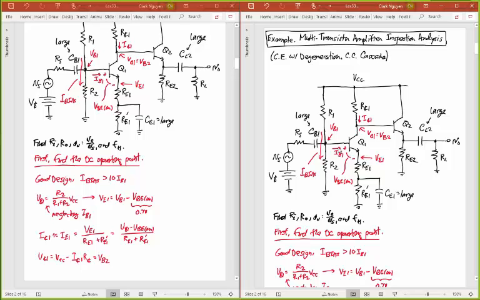Okay, so now I have that base voltage, and if I have that base voltage, then right away, assuming that that last transistor Q2 is in the forward active region, I can write out that VE2 is just going to be equal to VB2 minus VBE on again, and that again is 0.7 volts.